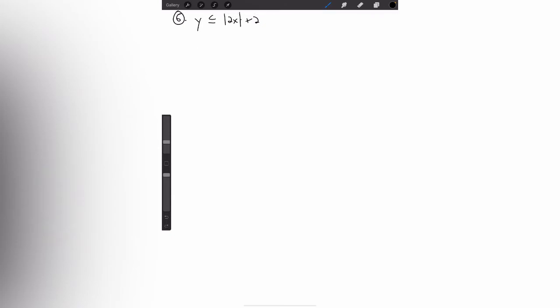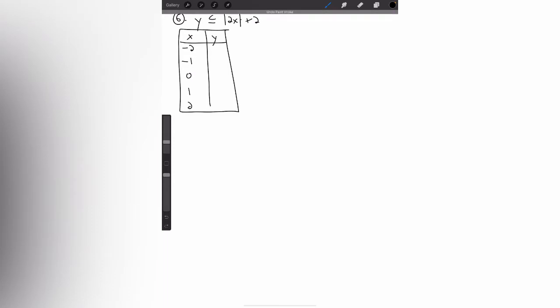I'll use -2, -1, 0, 1, and 2. I'll just start with these 5. I like choosing a few on the left side of the y-axis, as well as a few on the right side.